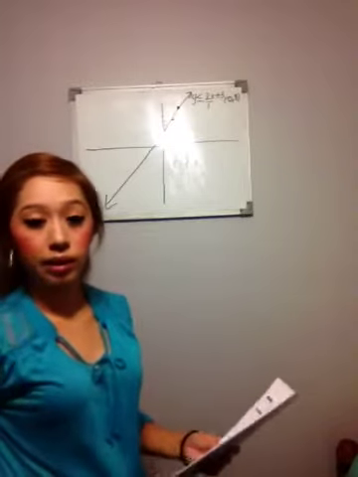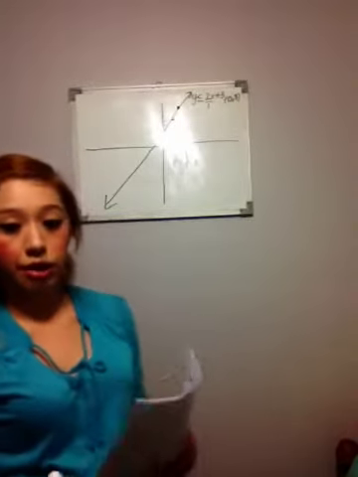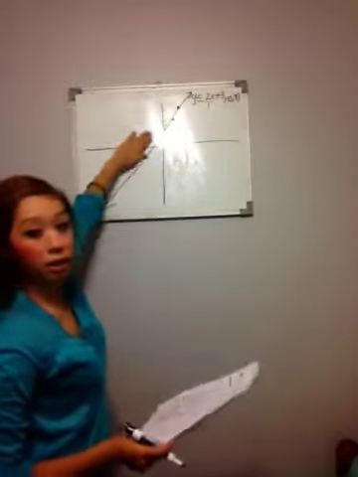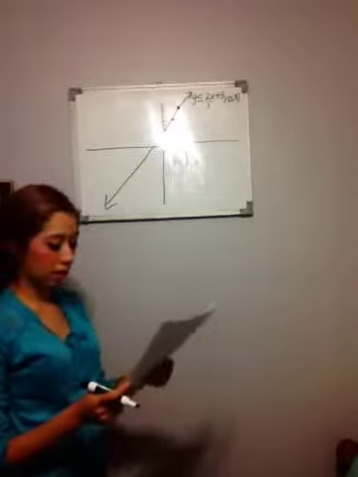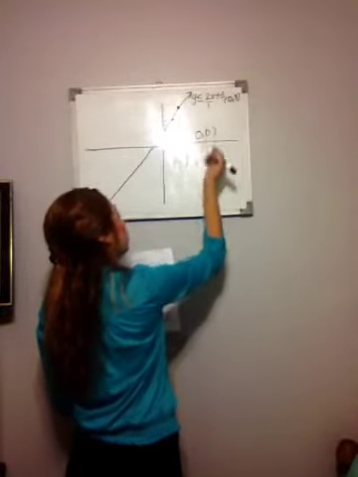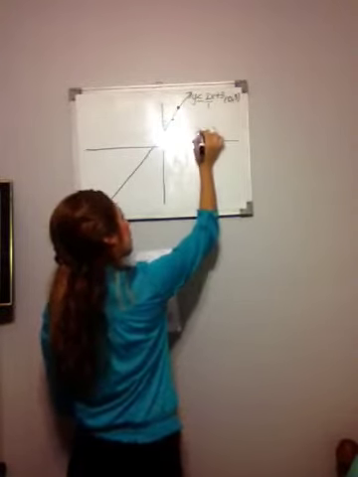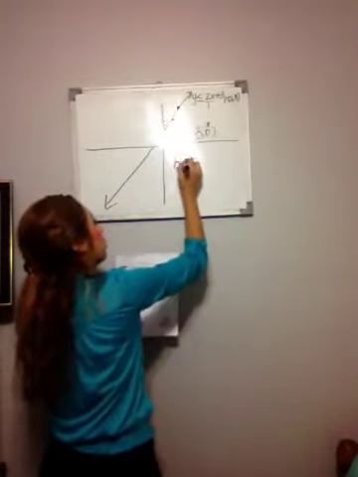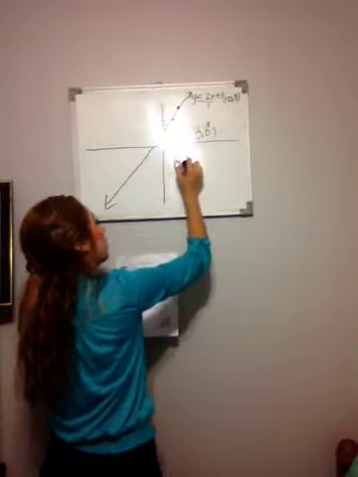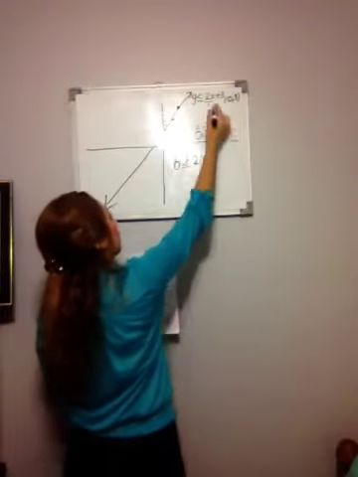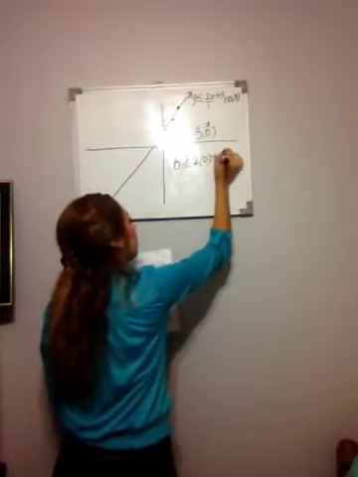Now, you can either plug this into your calculator and it will show you right away if you shade above or below, or you can just use the test point. You use 0, 0, so plug it in. X is 0 and y is 0. So it's y, it's 0, less than or equal to 2 times 0 plus 3.